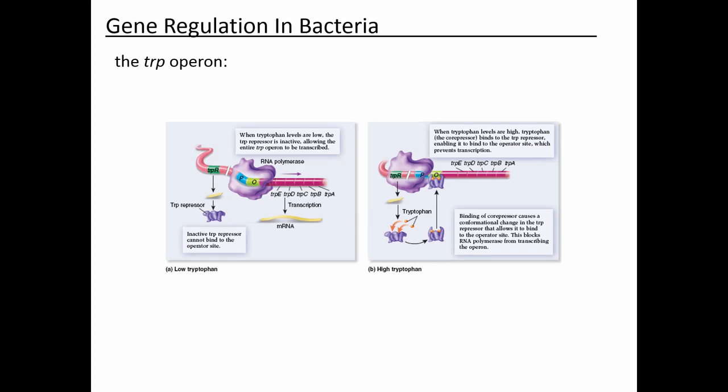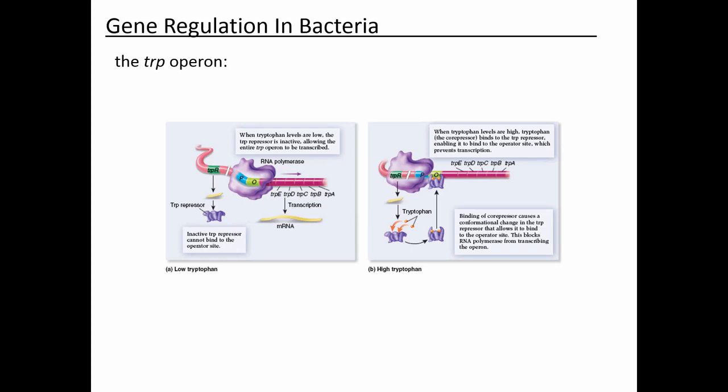But if you find yourself in an environment that has tryptophan, then the tryptophan is going to bind to the repressor, and you can think about it as activating it. And what that means is the repressor with tryptophan bound can now bind to the operator. The only way that the tryptophan repressor can bind to the operator is if tryptophan is bound to it.